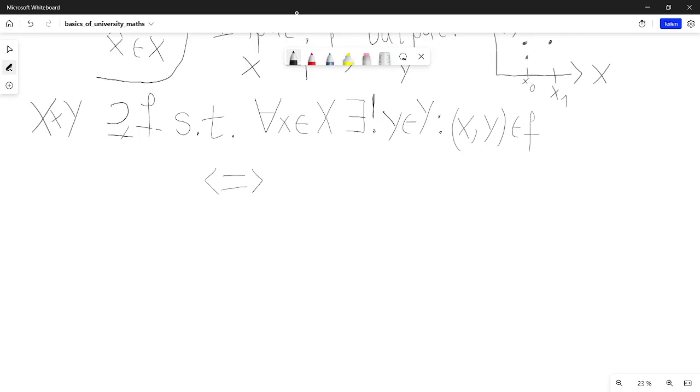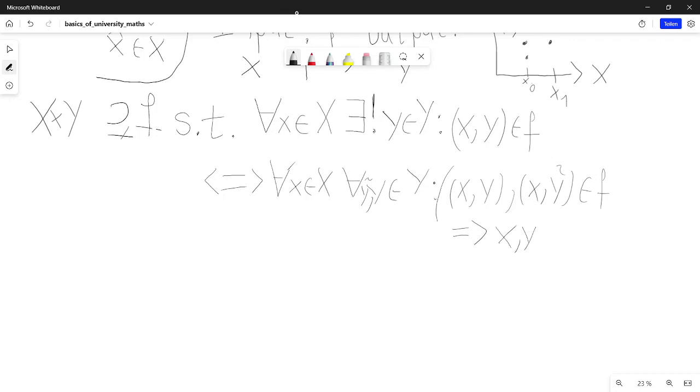For all x in X and for all y and y tilde in Y, so take two of them, we have (x, y) and (x, y tilde), both in F, implies, and that goes like that, of course, implies (x, y) equals (x, y tilde).